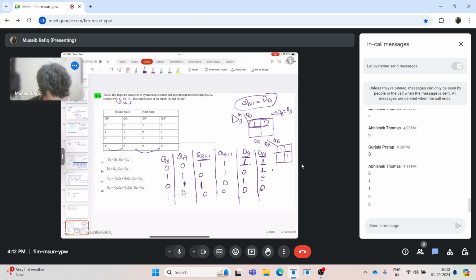So DA is equal to QB complement QA complement plus QB QA. So that implies DB is equal to QB and DA is equal to QB bar QA bar plus QB QA. That is option D. That is the correct option. Right? Got it?